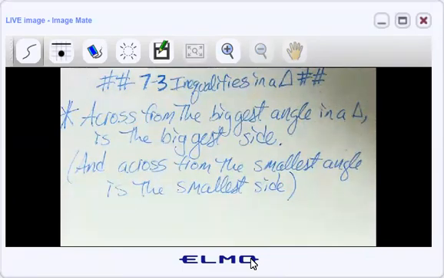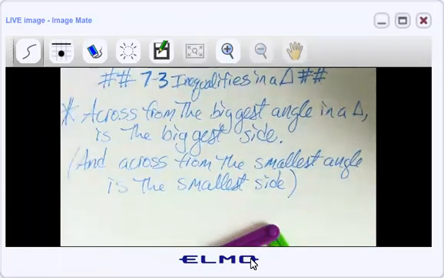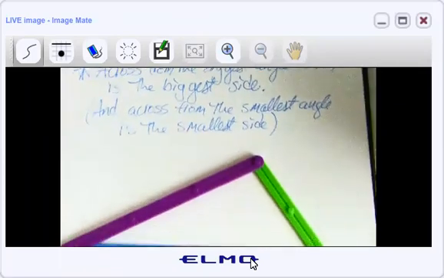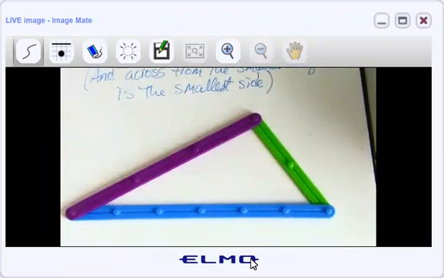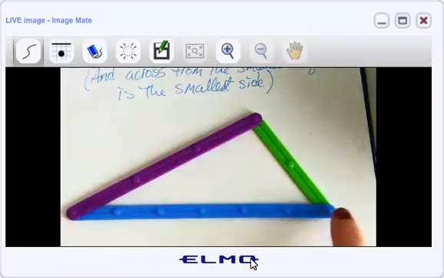And let me just switch this. Okay, so let's take a look at this triangle that I have right here. So the blue side, as you can see, is definitely the longest side out of the green, purple, and blue sides. So this one's my longest.